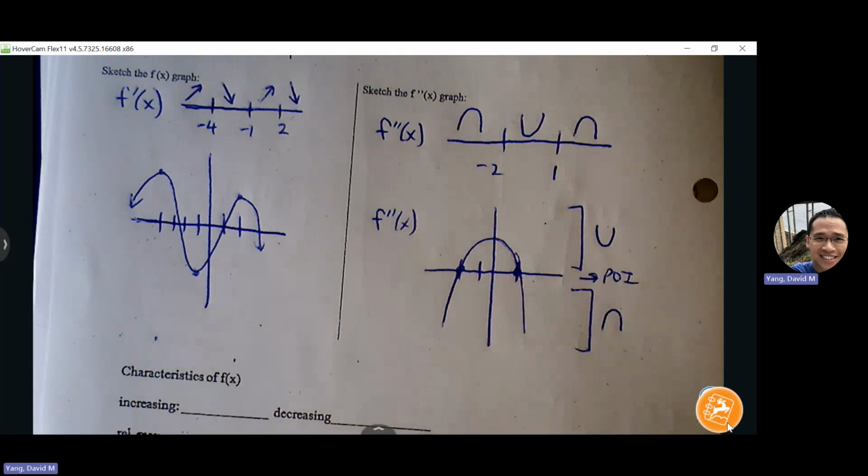Okay, fill out your characteristics. You can just pull all that from your two sign lines.